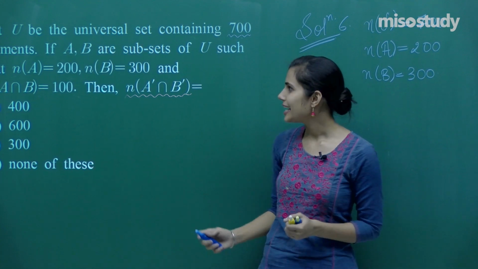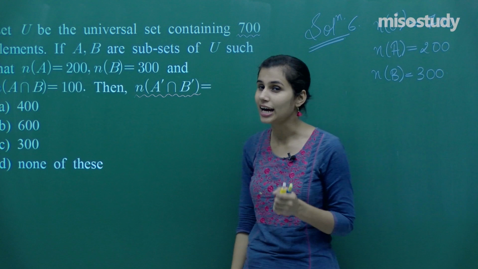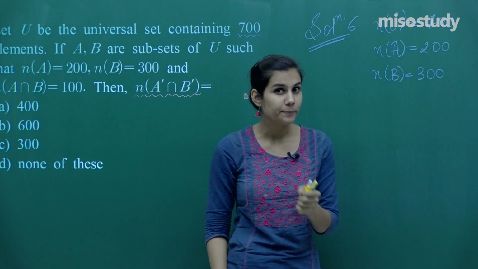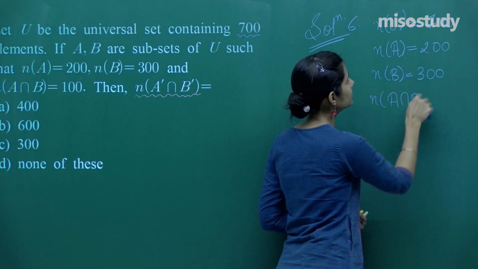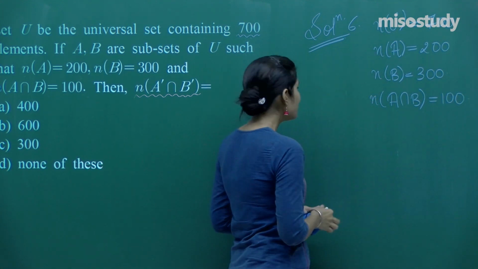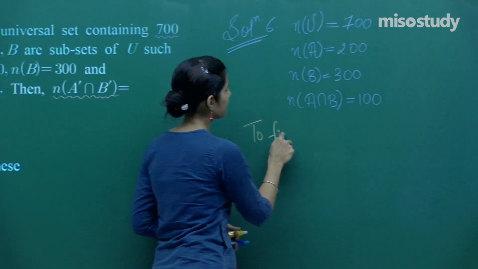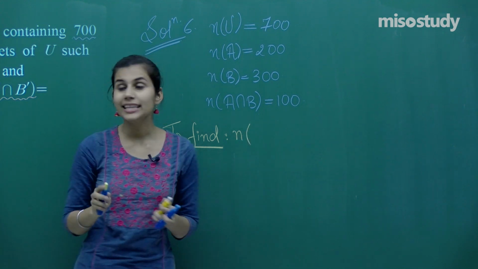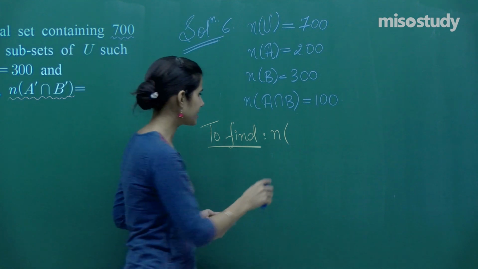Now the question says, if the number of members in A intersection B is 100, what is the number of members in A complement intersection B complement? Let's just write one more piece of information which is given to us. I am supposed and asked to find the number of members in the set A complement intersection B complement.